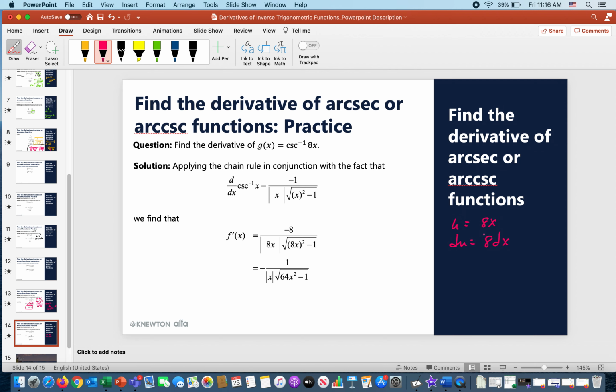So if u is equal to 8x and du is equal to 8dx, the derivative of the inverse cosecant is negative 1 over u, the absolute value of u, times the square root of u squared minus 1. Plugging in 8x for u and 8 for dx is how we wind up with this result, negative 8 over 8x like so. So the 8s cancel. We still have that negative out front. And this is our final result here.